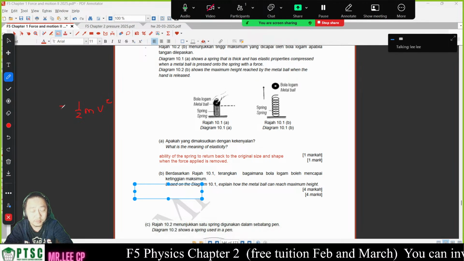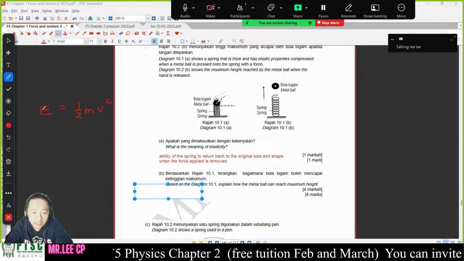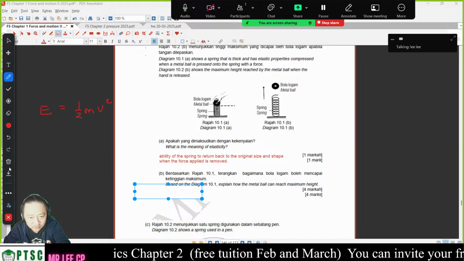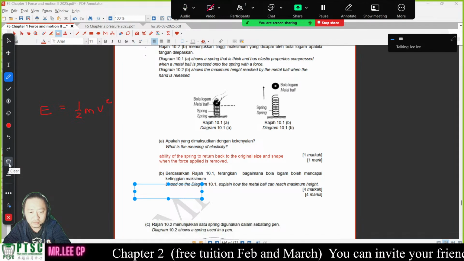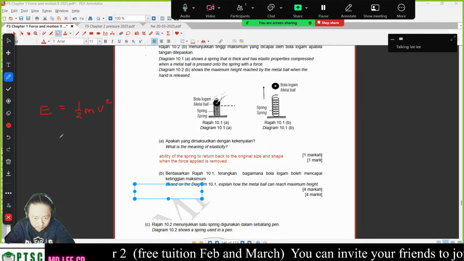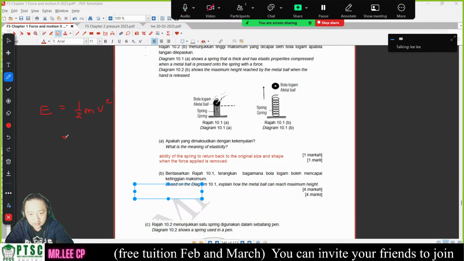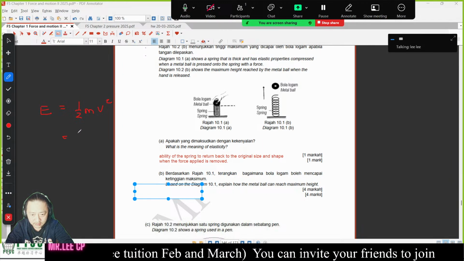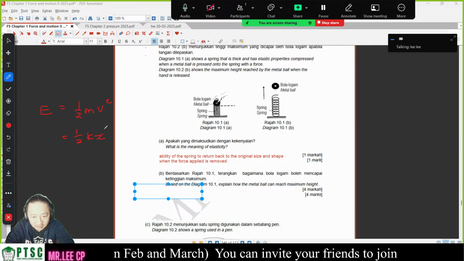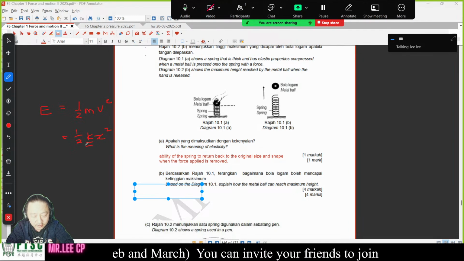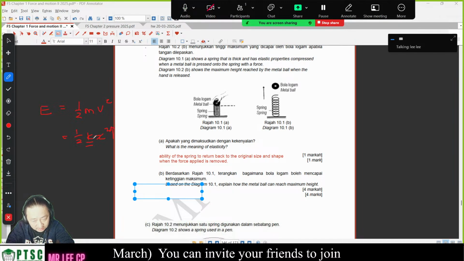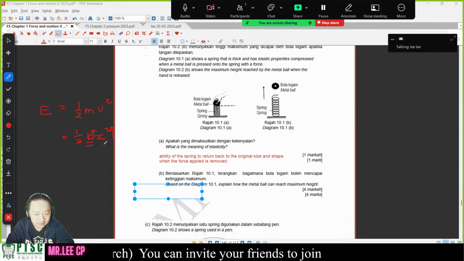So your energy must be maximum. If you want maximum kinetic energy, you have to have maximum energy stored in the spring, which is half kx squared. So your k must be higher and your x must be higher, so that it can reach the maximum height.